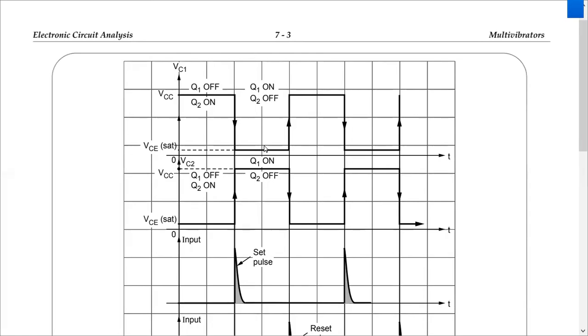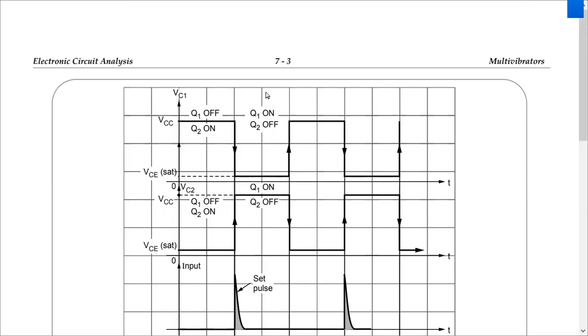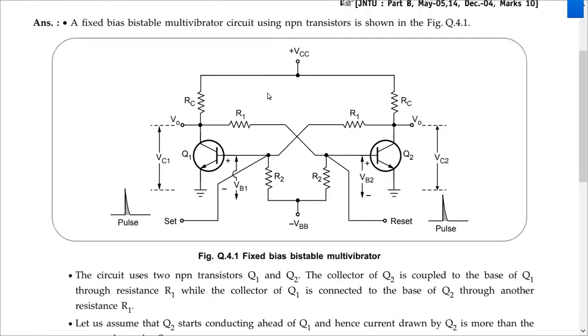Q1 is on, Q2 is off. The positive pulse you can give to make the off transistor on. So obviously we need to give the reset pulse here.